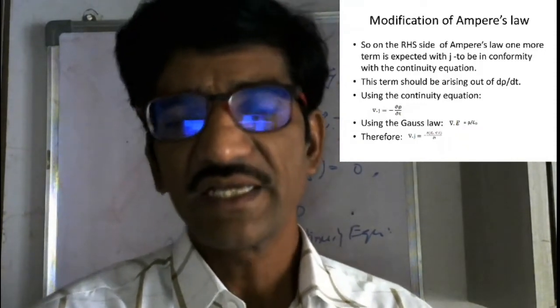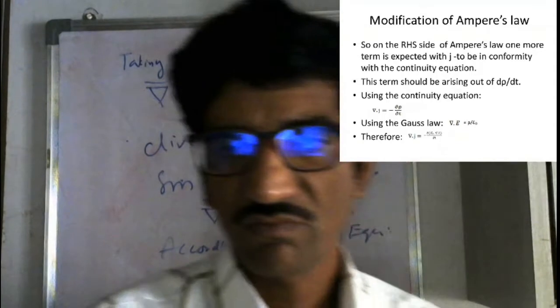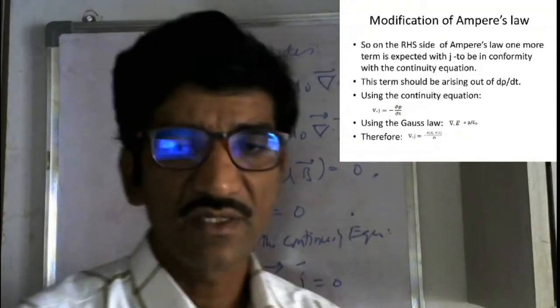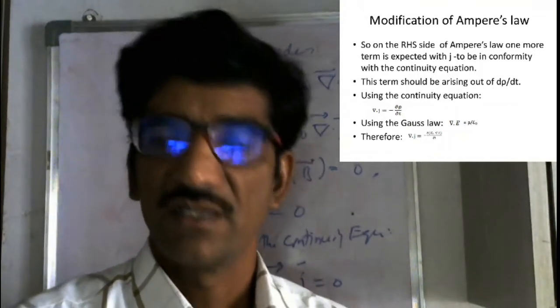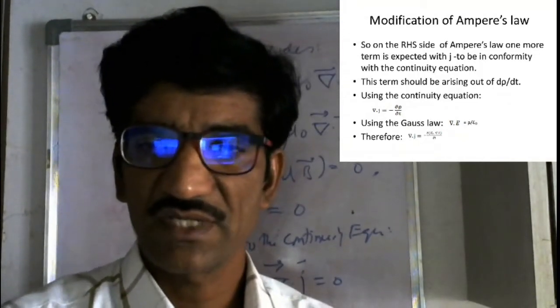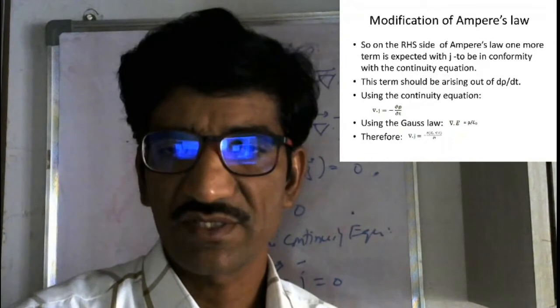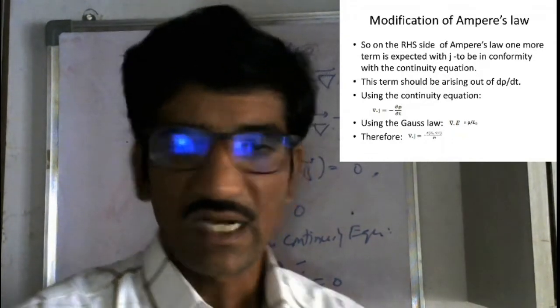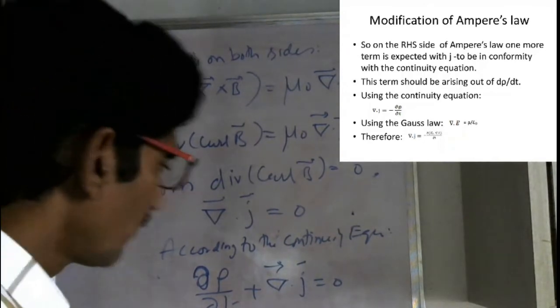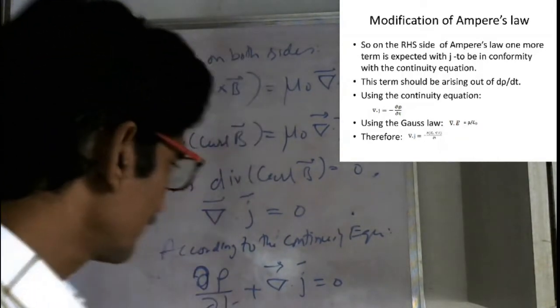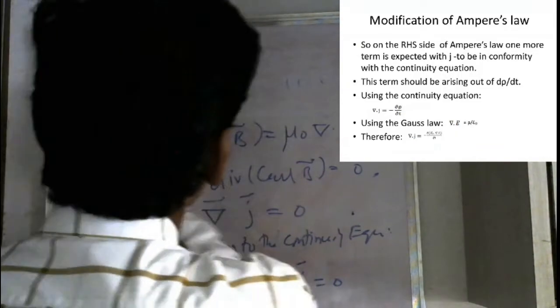Now here we use the continuity equation and Gauss law of electrostatics to modify the Ampere's law. According to the continuity equation, what is del dot j? I will write here.